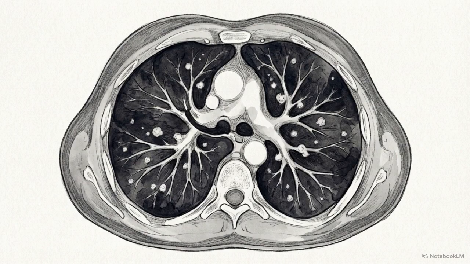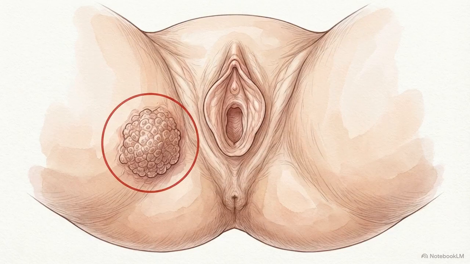Returning to our 51-year-old patient, surveillance imaging 12 months post-operation revealed this exact progression, showing multiple scattered metastatic nodules in both lungs. This clinical image shows a highly unusual terminal progression for this specific case at 25 months, the emergence of a secondary vulvar metastasis.